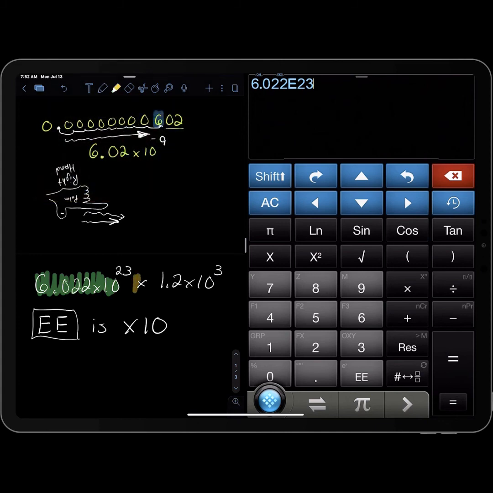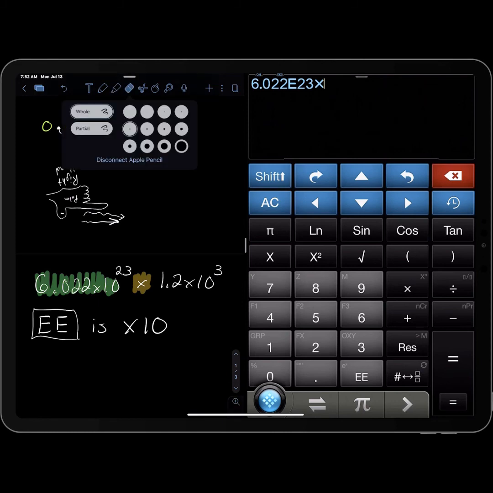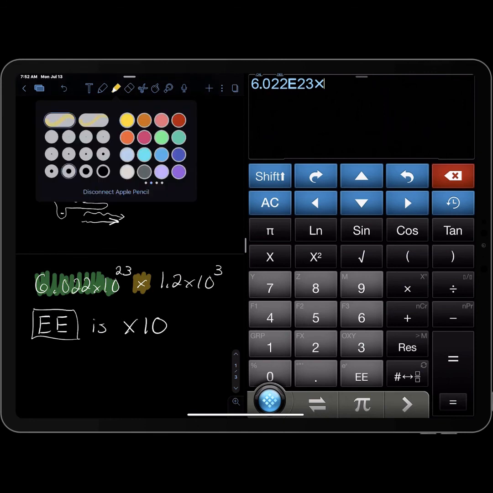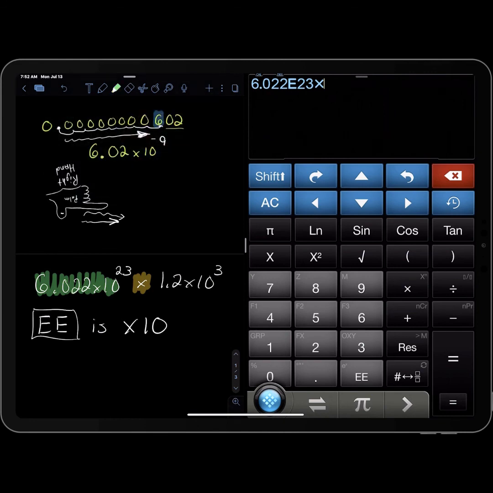So I now have to put in the times symbol. So I'll put times. And then I'll go ahead and start putting in that coefficient for the other number. So I have 1.2. Don't use the times 10. Don't use the caret. You're going to hear me beat that into your guys' head because you've been taught the wrong thing.